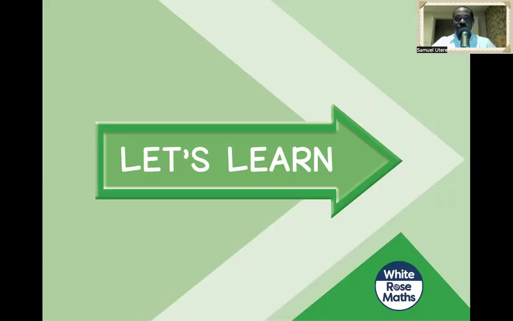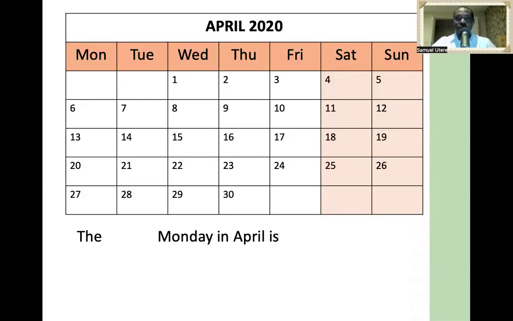All right, let's do some new learning. Now, take a really good look at this. This is a calendar, isn't it? If you look at it carefully, we can begin to make some really useful statements about this calendar. For example, the first Monday in April is Monday, 6th April.